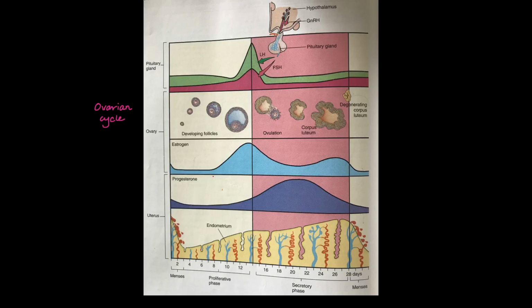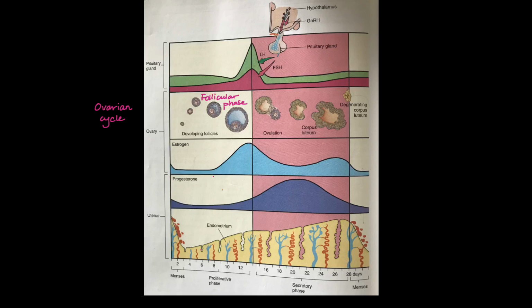So when we're dealing with our ovarian cycle, there are ovarian phases. So before day 14, we call it the follicular phase. And that's because we're dealing with a growing follicle.